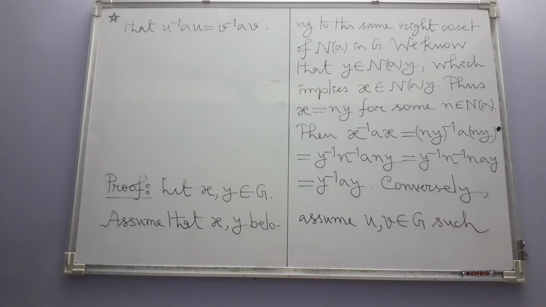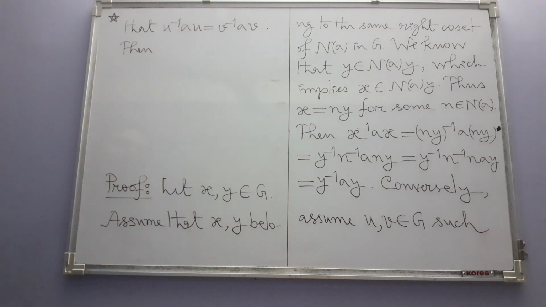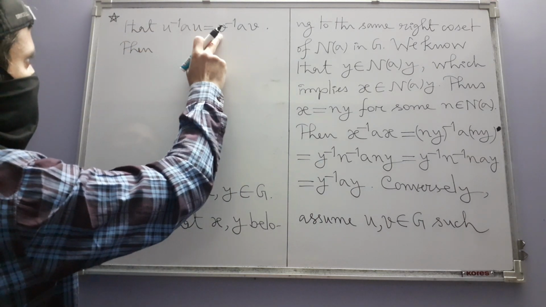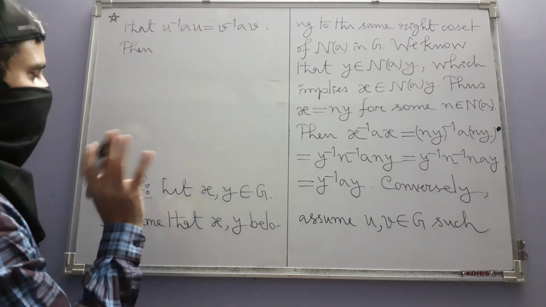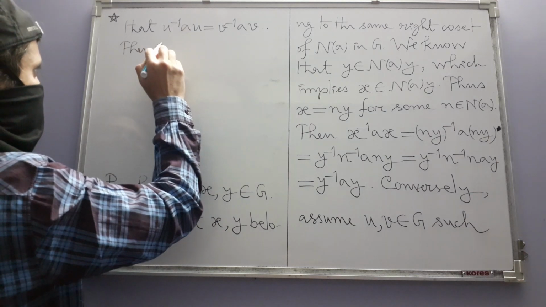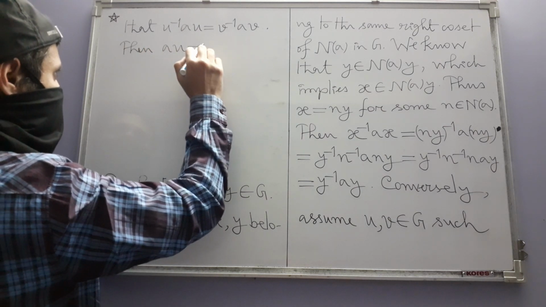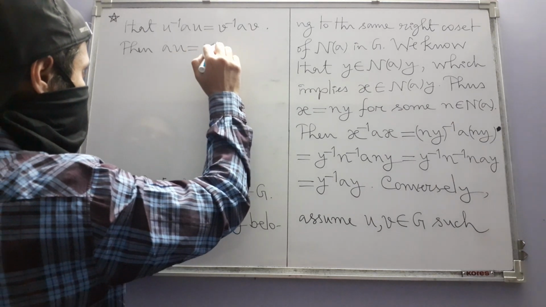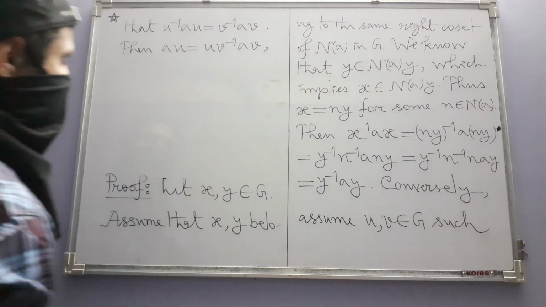Okay. Then what do we get? If we multiply on both sides by u from the left, then this u inverse and u will cancel out, and we will be left with A u equal to u v inverse A v.